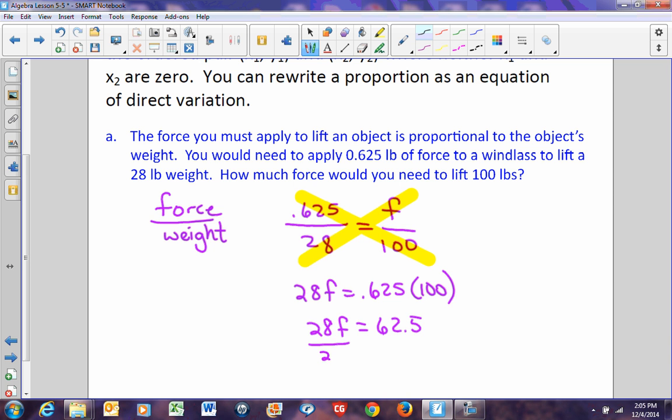Divide by 28. F will equal 2.23 pounds. And so I need 2.23 pounds of force on a windlass to move a 100-pound weight. And a windlass is like a lever. So there we have it. And this is basically what direct variation is talking about.